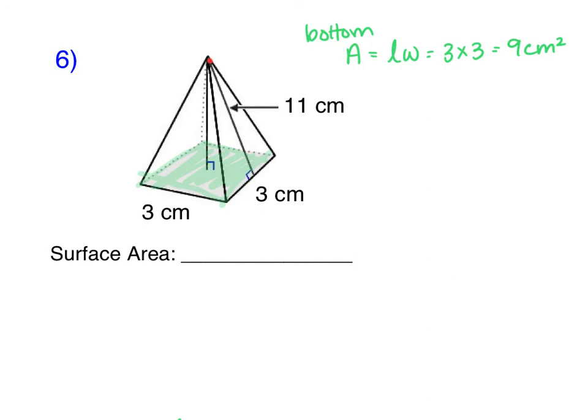Okay, now we have some triangular faces. If we look at this one here on the right side, we know the base is 3, and they gave us the height here. The height is 11 centimeters. So if you remember, let me just outline this in blue.